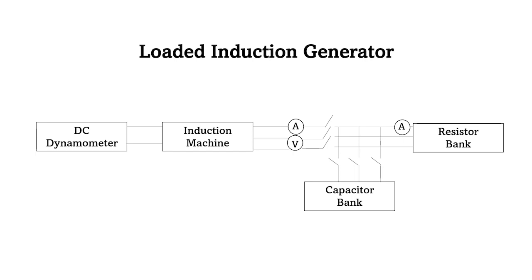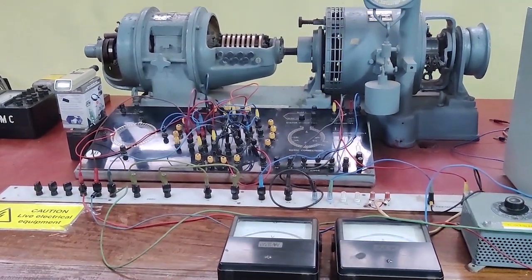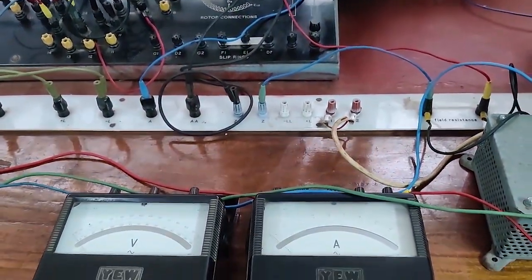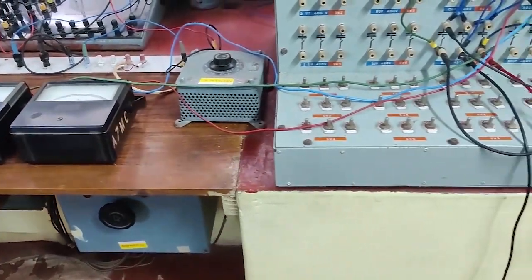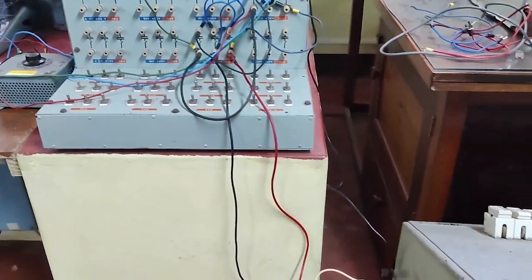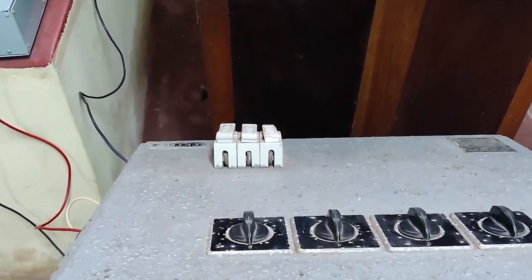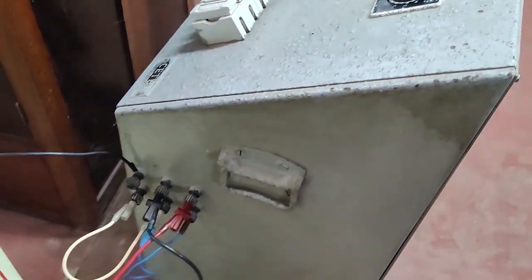To vary the loads in the machine, we use a resistor bank. Here we have connected the circuit as before. We connected the voltmeter, ammeter, and the capacitor bank. Apart from that, we connected the resistor bank as shown here using these pins.